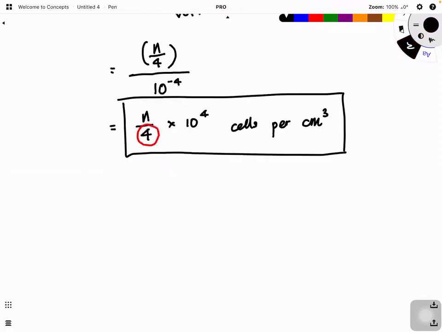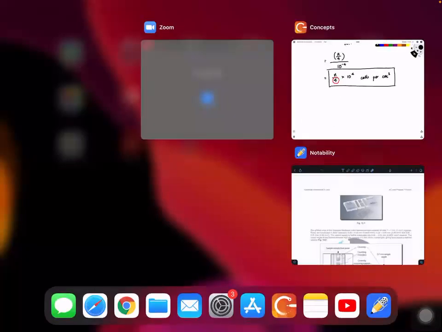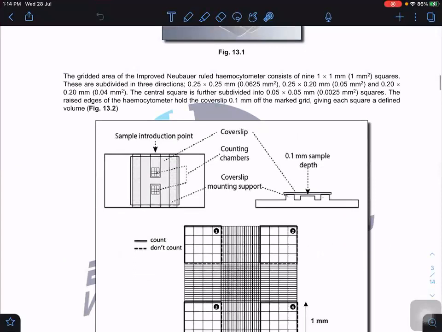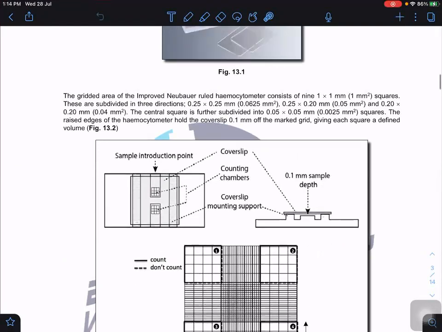Now, let us go to our practical paper. The gridded area of this hemocytometer generally has lines forming 1 by 1 millimeter squares.